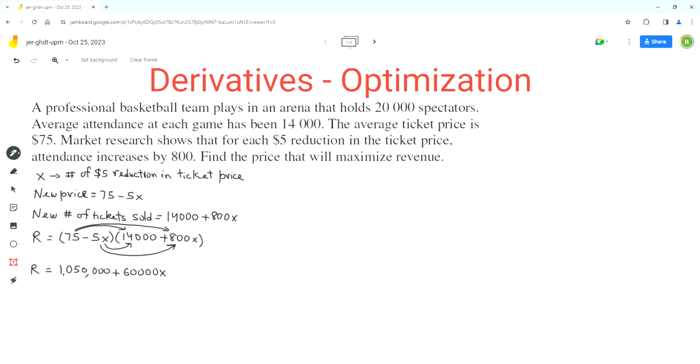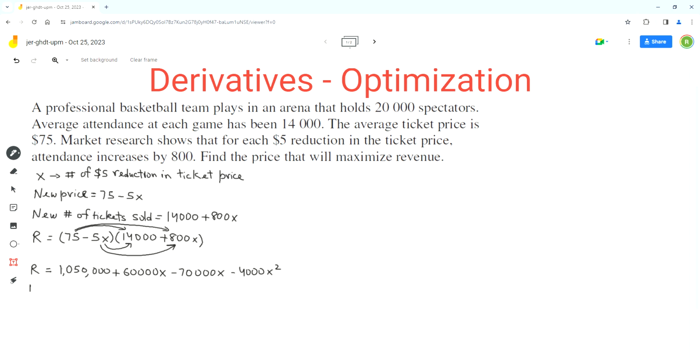Then we do negative 5x times 14,000, which is equal to negative 70,000x. And then we do negative 5x times 800x, which is equal to negative 4,000x squared.